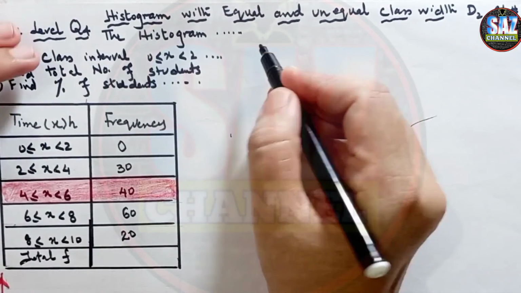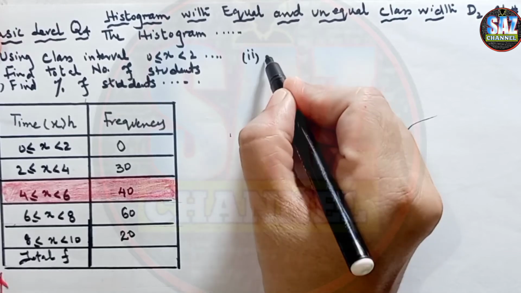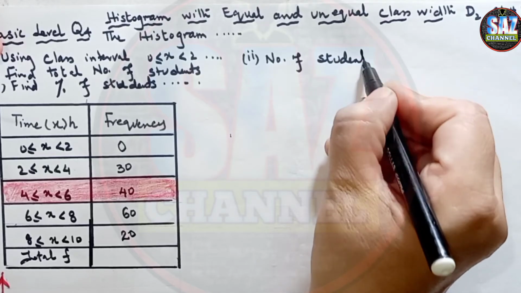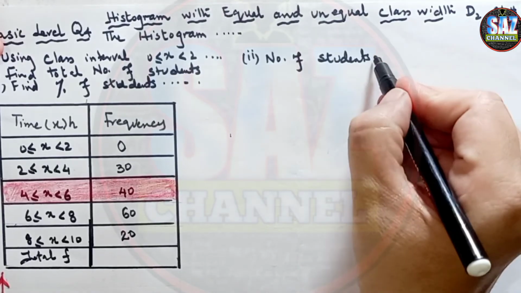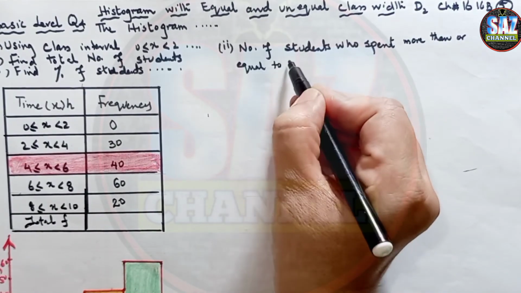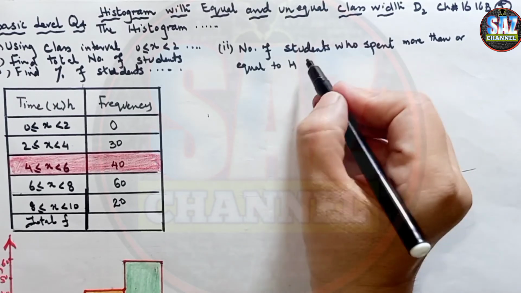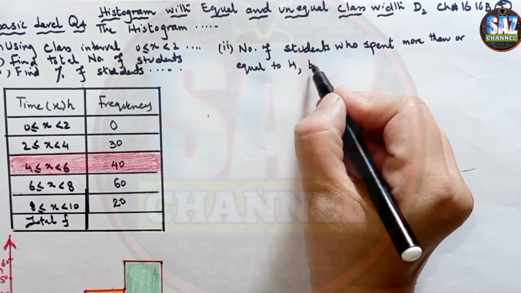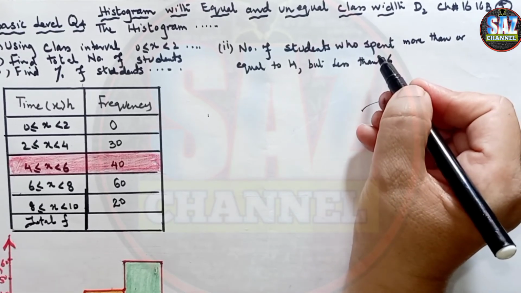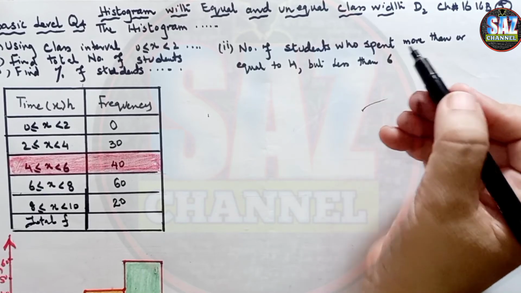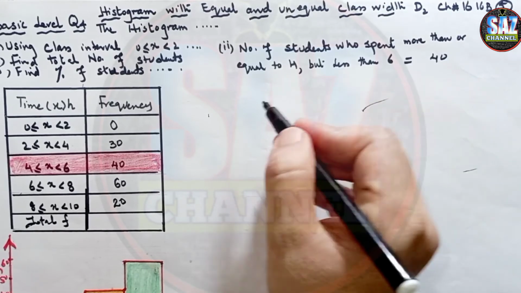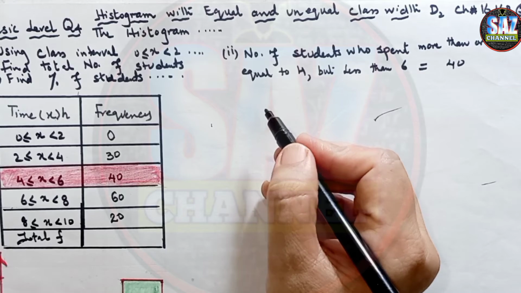Second part is the number of students who spent more than or equal to 4 but less than 6. Okay, that is 40.